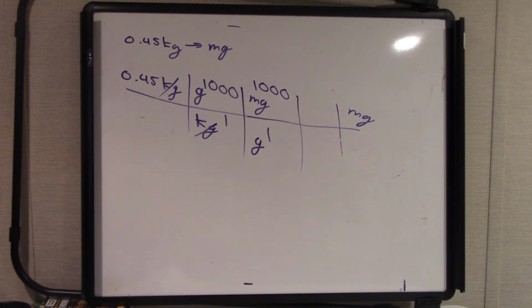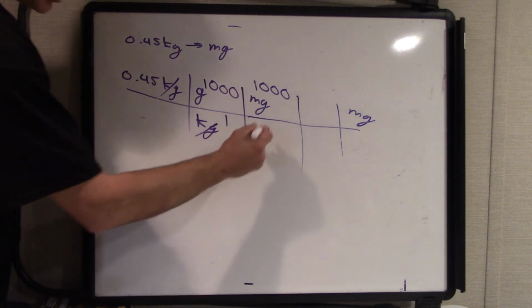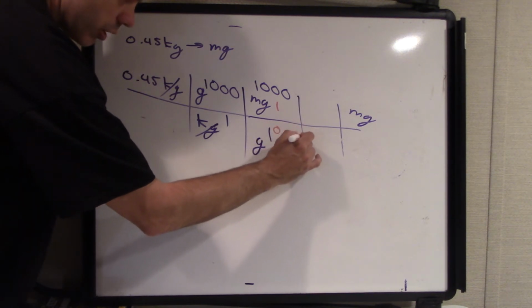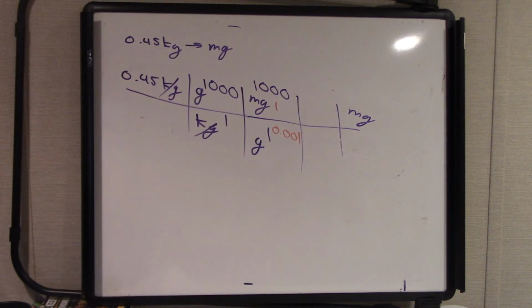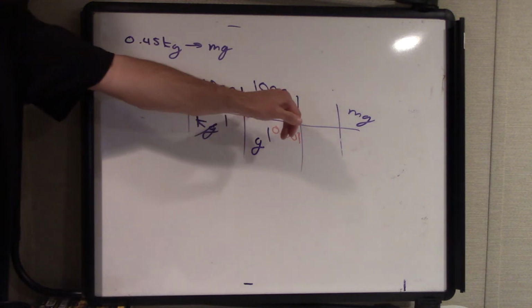There's another one. I'm going to put it up briefly in another color just so you can see that there's a different way of thinking about it. Instead of saying 1,000 milligrams in 1 gram, what you could also say is 1 milligram is 0.001 grams. Kind of a different way of thinking about it, but you see that it's mathematically going to be the same.